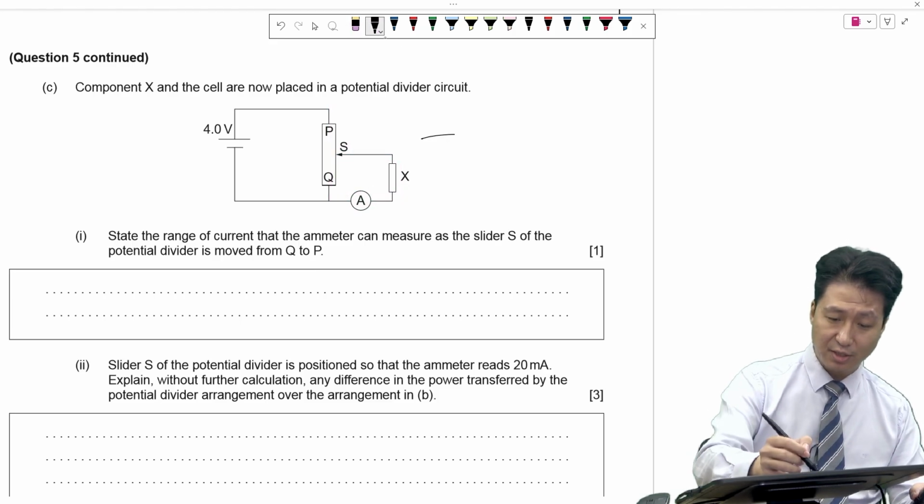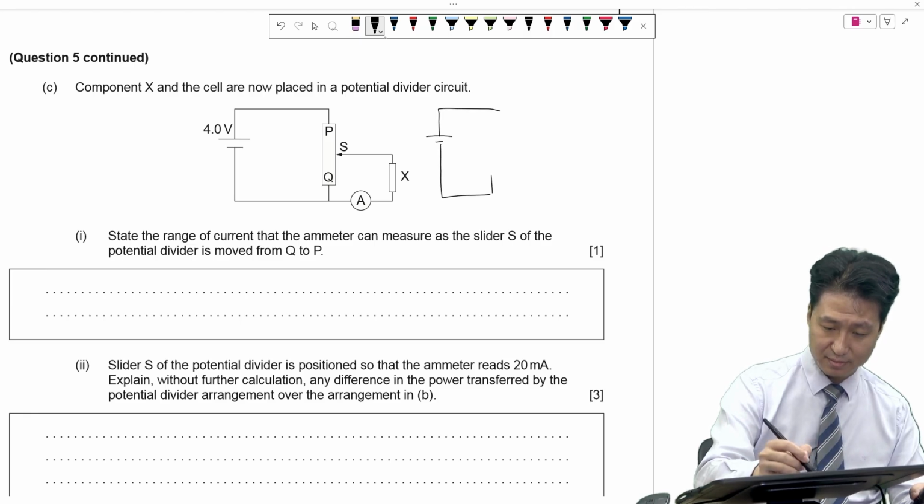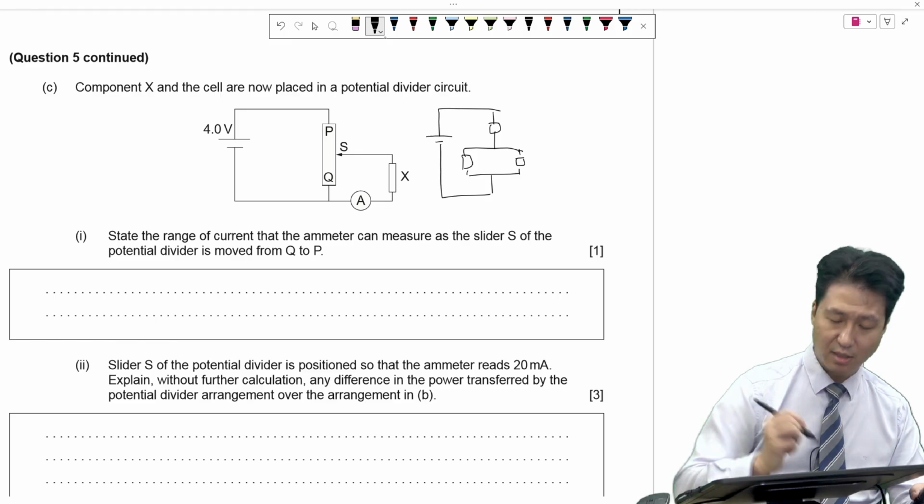So if you redraw this, let's draw the source of EMF. You have one path here. It's almost as if you had one parallel path here, and it connects like this.